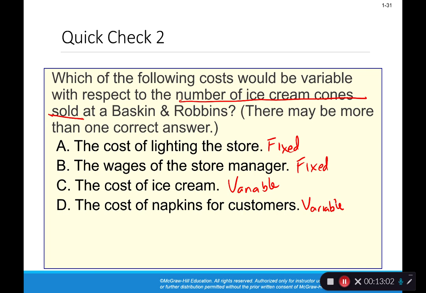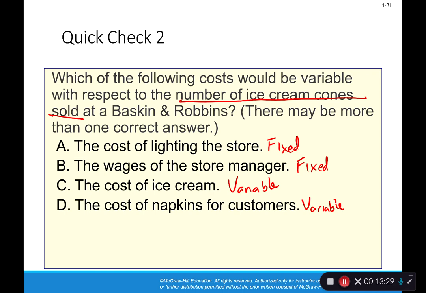It's important to consider the cost driver because the answer can change. So, for instance, the wages of a store manager could be variable if the cost driver was the number of stores, because the more stores we have, the more store managers we would have. Likewise, the lighting of the store would be variable if we were talking about the number of stores that we had.